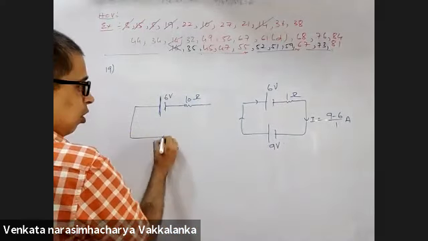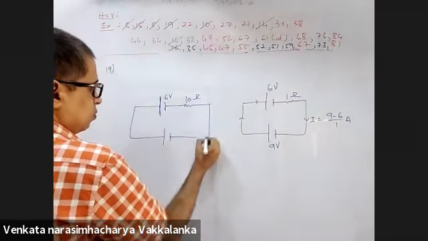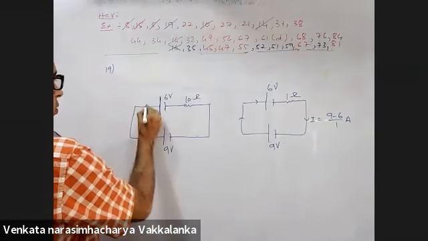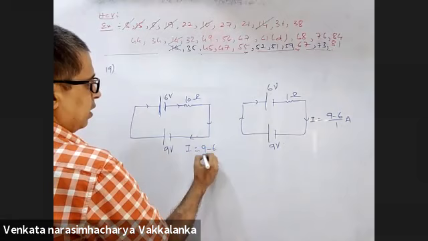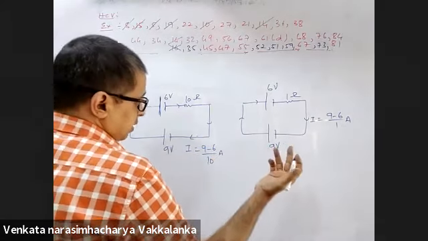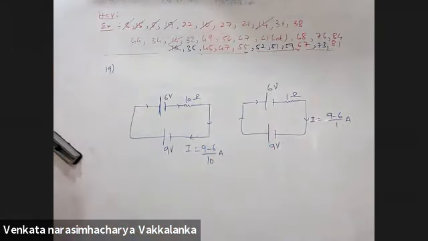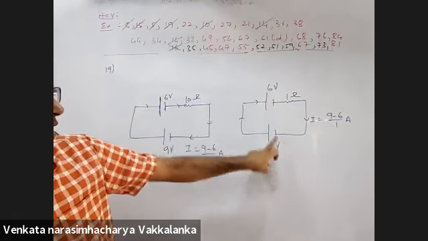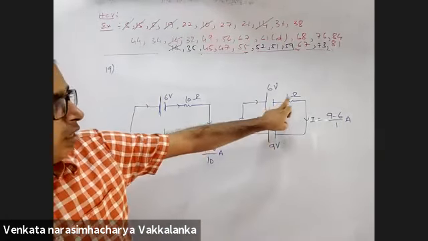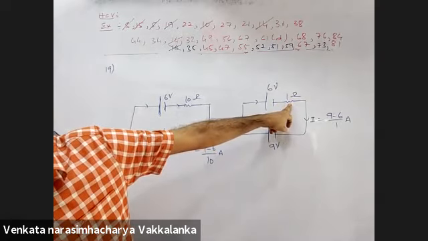Now, long after the connection is made, what will be the current through it? It will be 9 minus 6 divided by 10. When it is completely discharged, a charger is connected to it. When it is completely discharged, the internal resistance is 1 ohm.